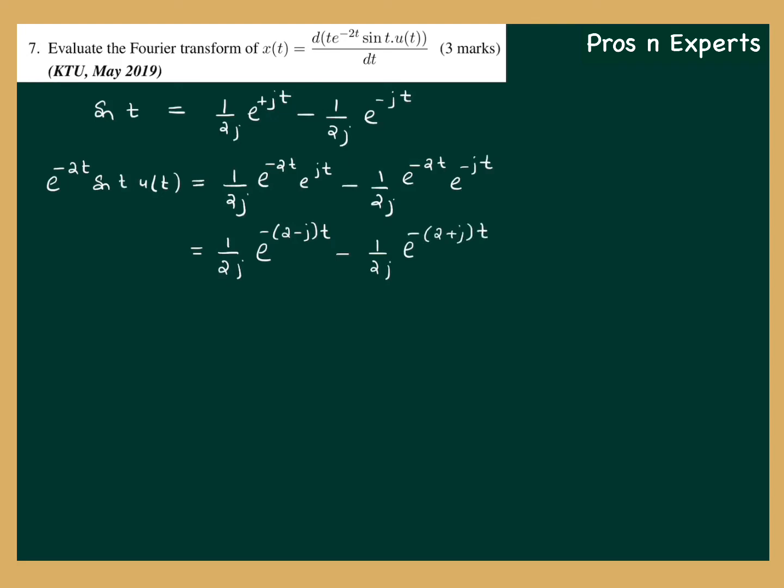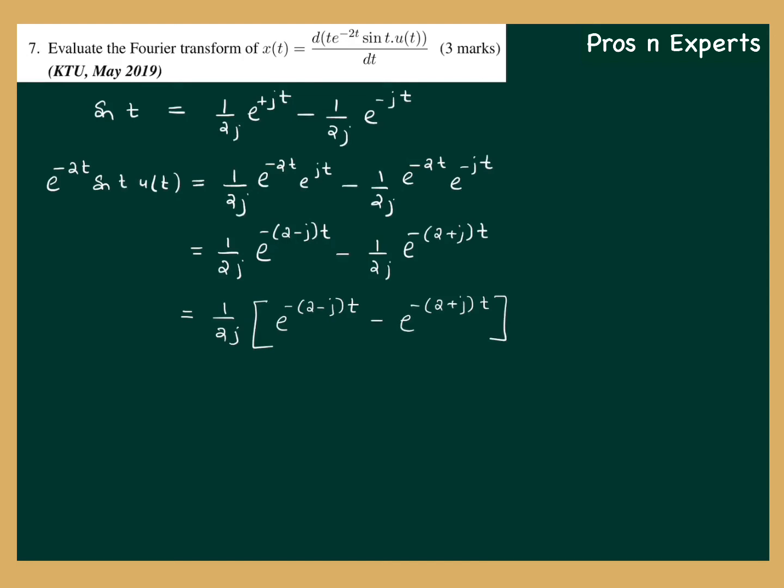That must be correct. I can take this 1 by 2j outside also: 1 by 2j into e raised to minus of 2 minus j into t, minus e raised to minus of 2 plus j into t. So that is e raised to minus 2t sine t u of t.